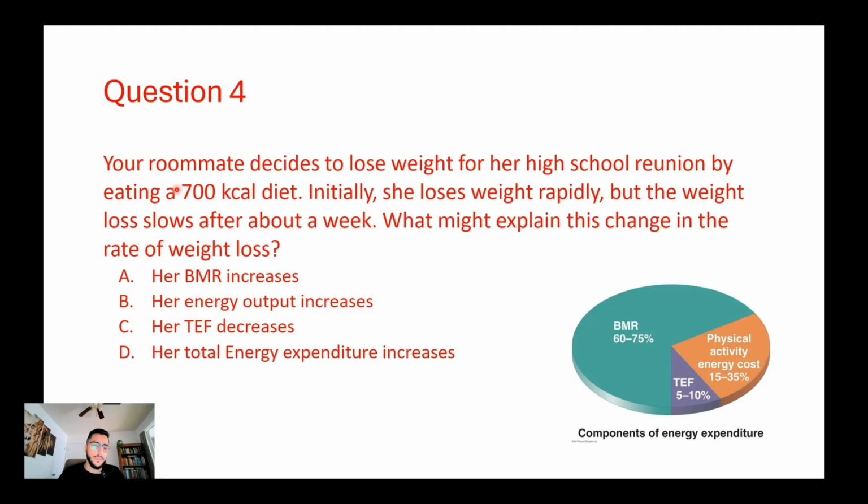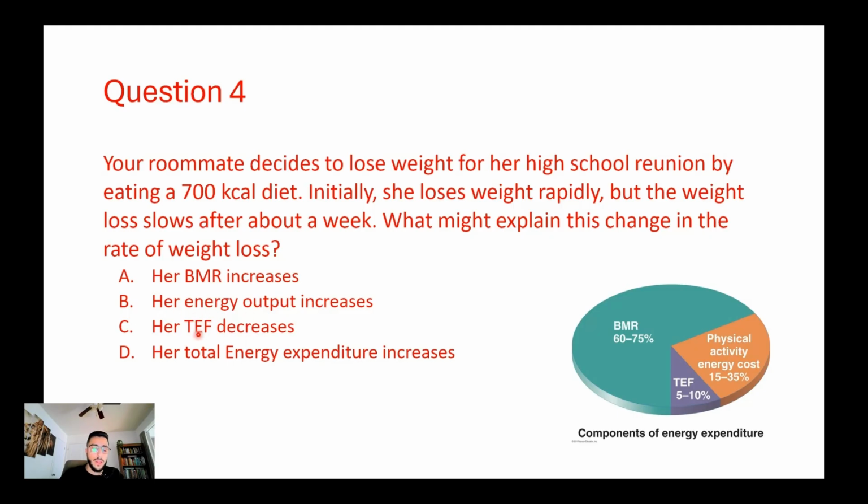Well, if you're decreasing to this amount here, you're going to start losing weight quickly because you're in a calorie deficit, but your intake of food will also decrease, right? And so after a certain time, this amount of food here requires less energy to break down, right?